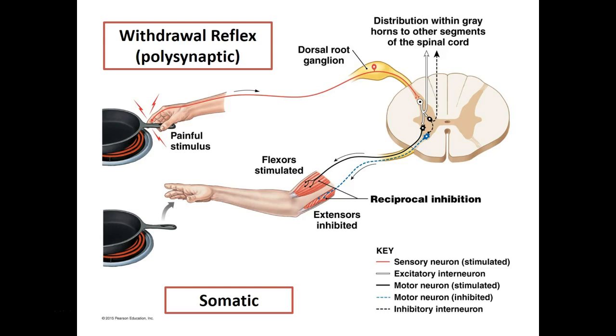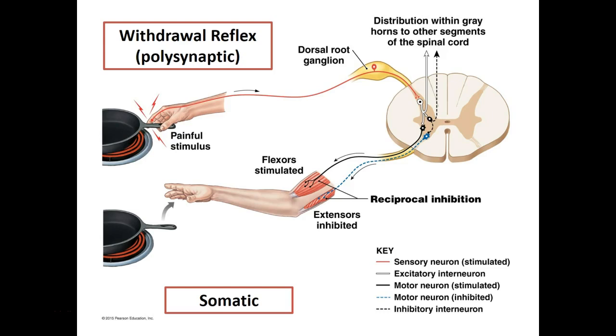Now, the last one we'll talk about is something I think is kind of cool. It's called a cross extensor reflex. So if you're walking around and you step on something sharp, what do you end up doing? You end up withdrawing your leg from that something that's sharp. But if you withdraw your leg, that means you're standing on your other leg. So there has to be quick coordination between you withdrawing one leg and then being prepared to bear weight on your other leg.